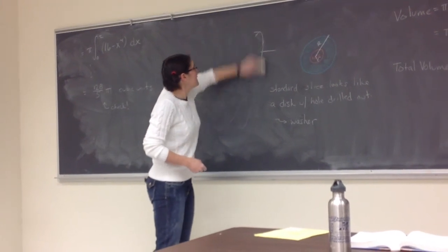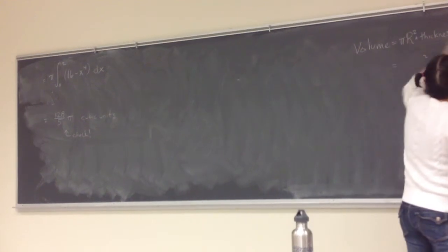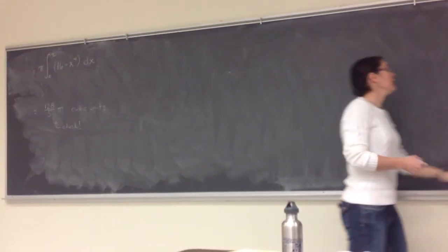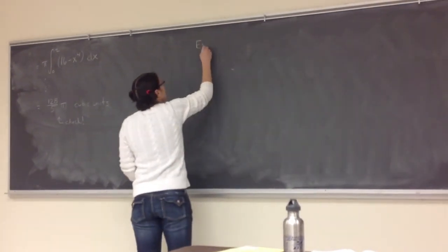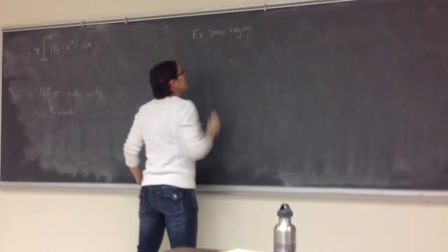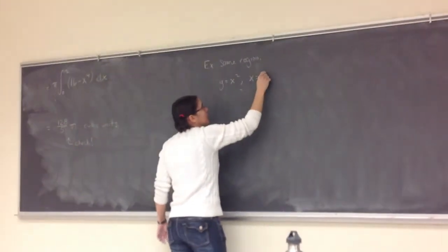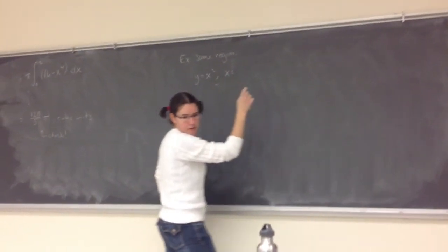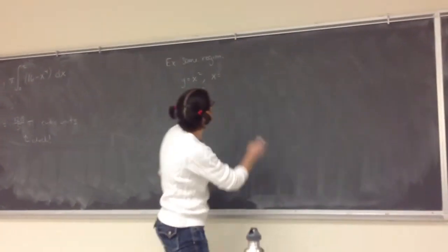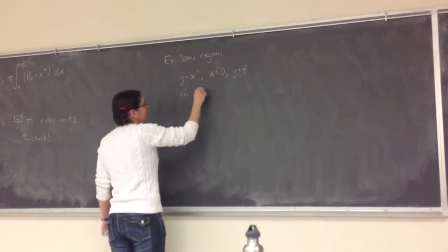If we take this same picture and start out with the same region, we've got y equals x squared, x equals 0, y equals 4, in the first quadrant.